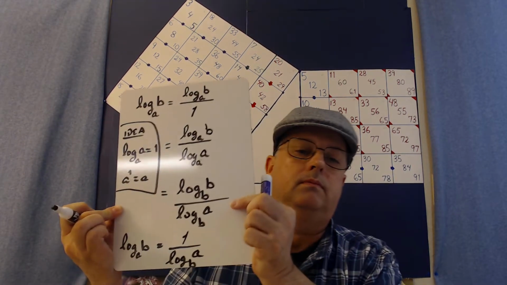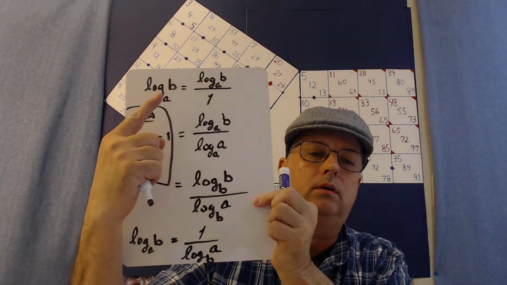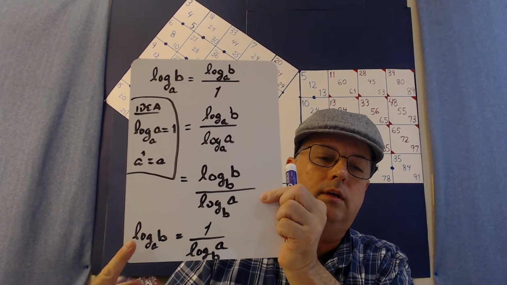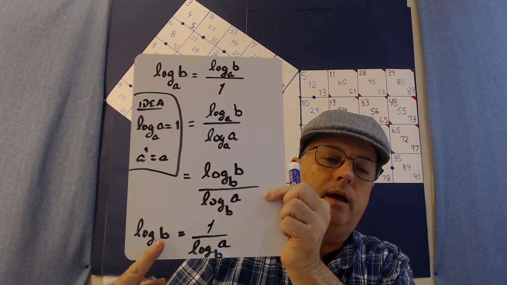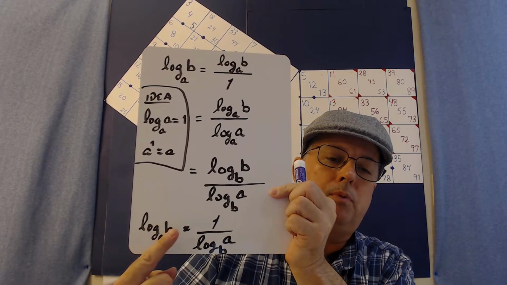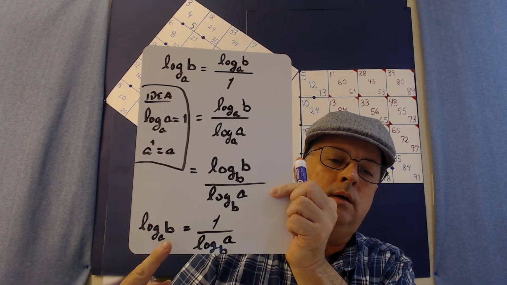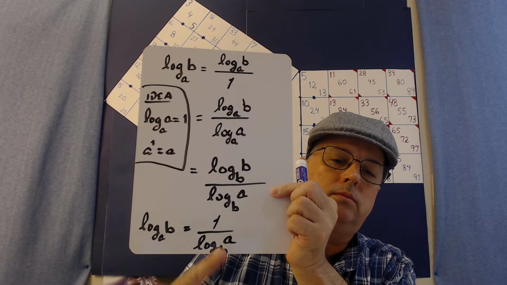So we have log base a of b. Okay, so if we bring this original down here, then you can see what happens when we take the reciprocal of a log, the a and the b switch.